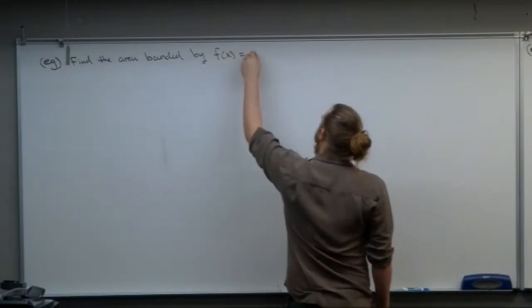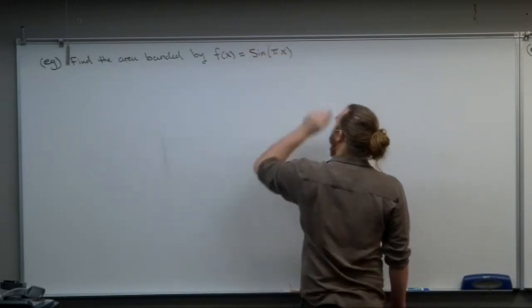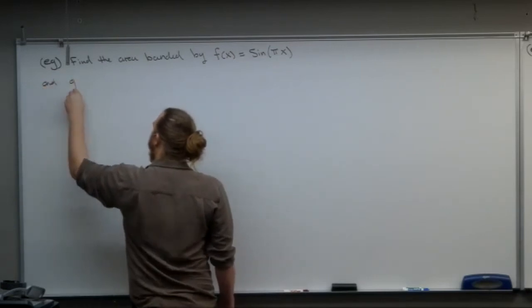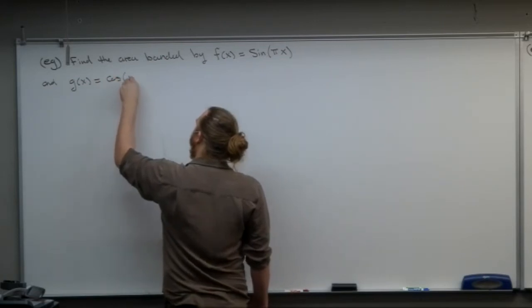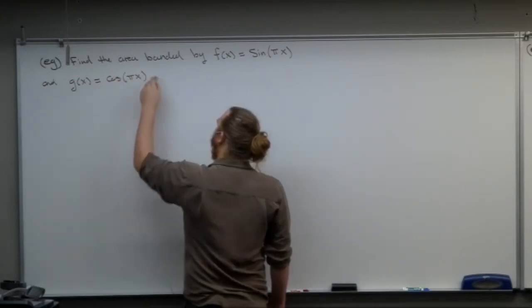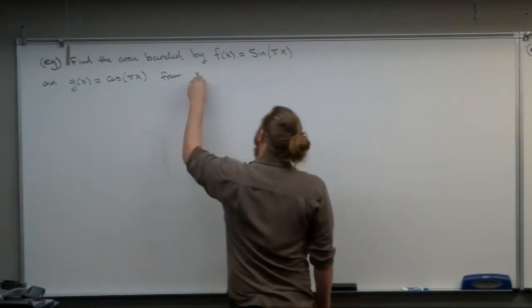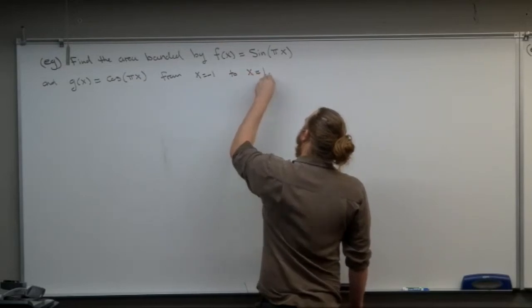Let me modify this just a little. Let's say f of x equals sine of pi x and g of x equals cos of pi x. And let's go from -1 to positive.